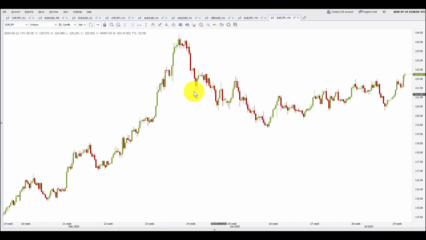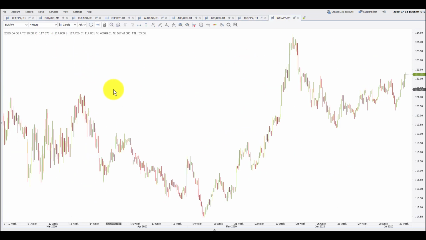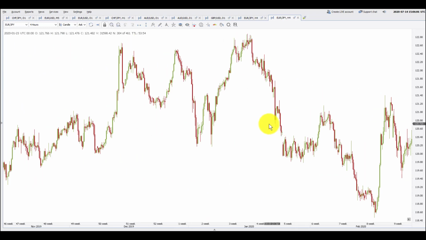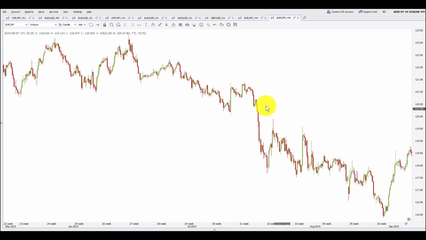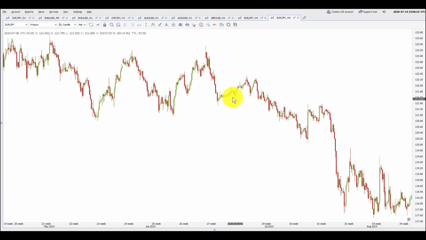Now let us try to find an example in a downtrend. Do you see here a brisk move? There was a brisk move, then there was some consolidation, then there was a break.